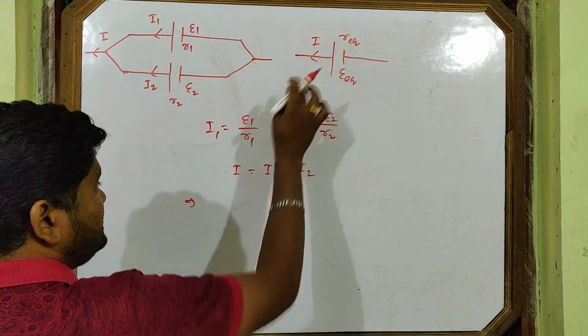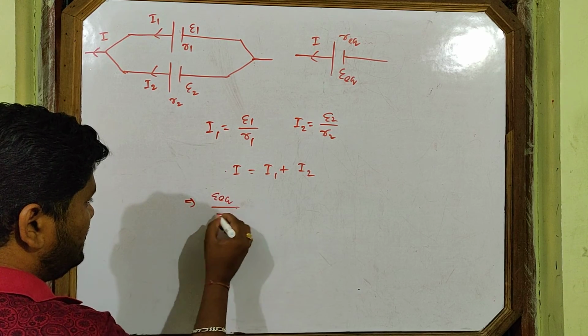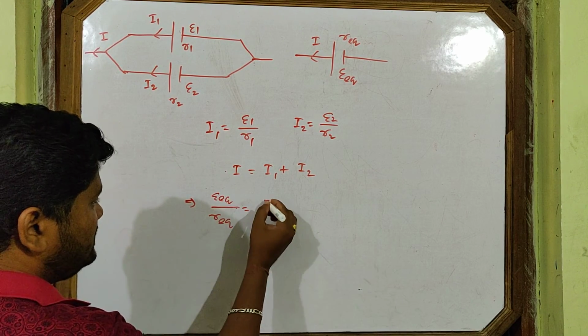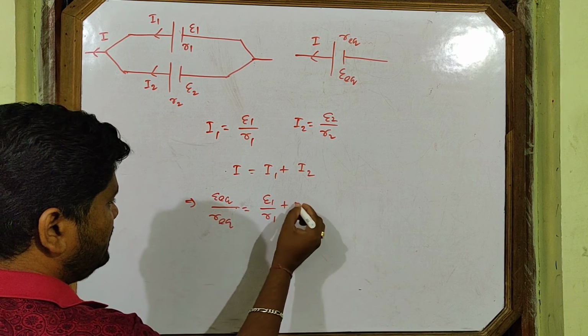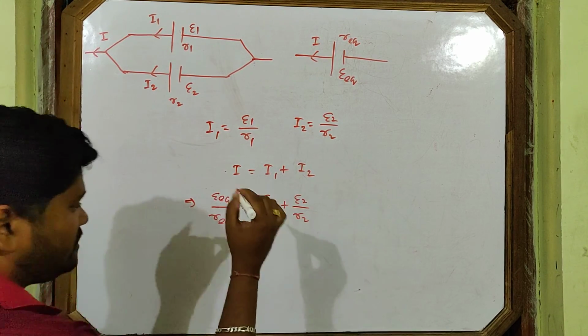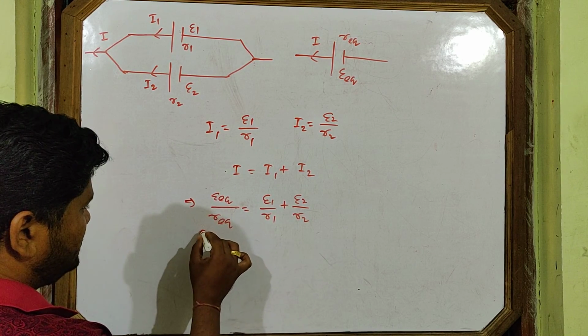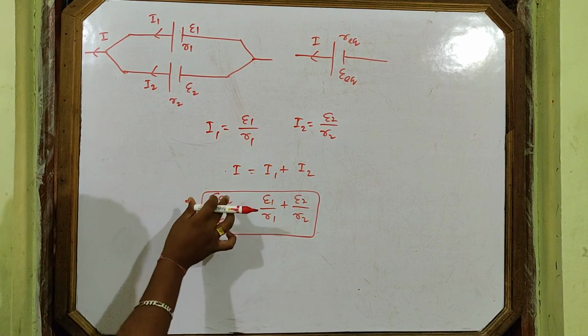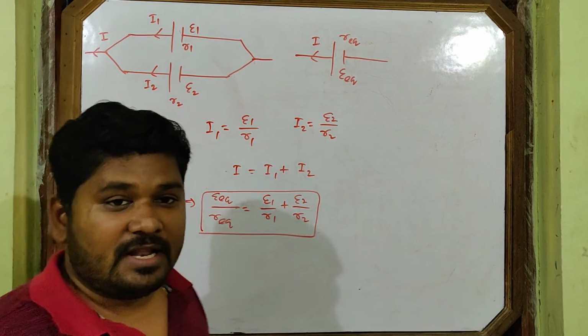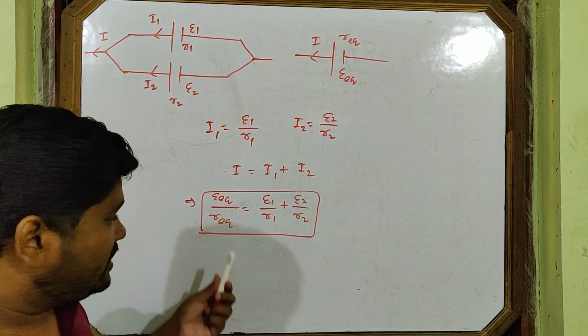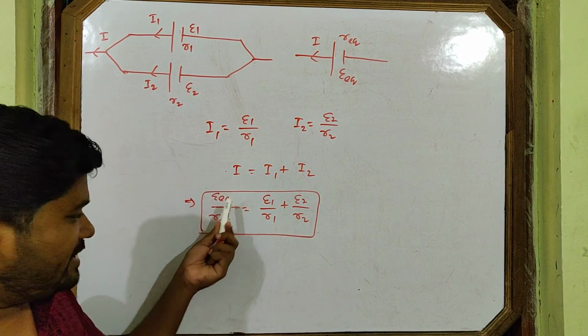E equivalent by R equivalent equals E1 by R1 plus E2 by R2. Okay, so we got the relation for equivalent EMF in parallel combination.